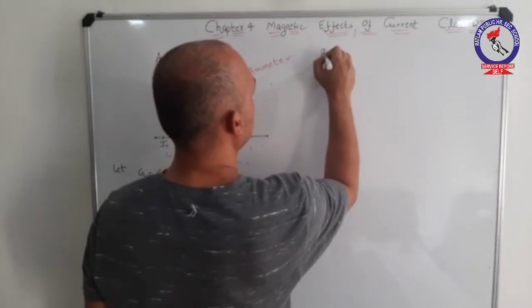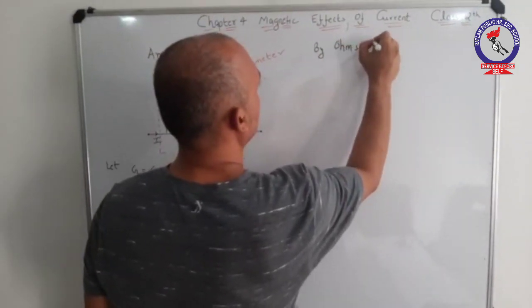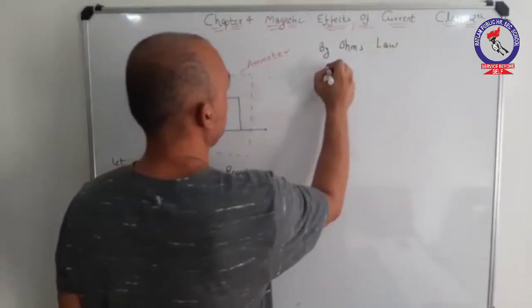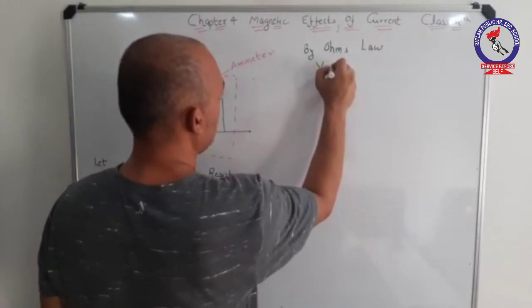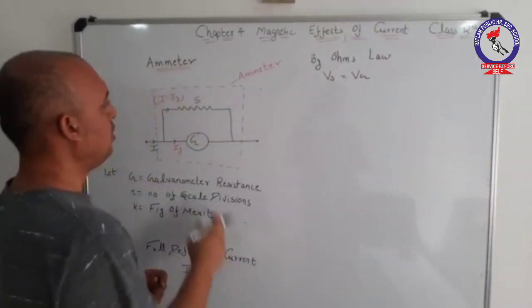by Ohm's law, voltage across shunt is equal to the voltage across galvanometer.